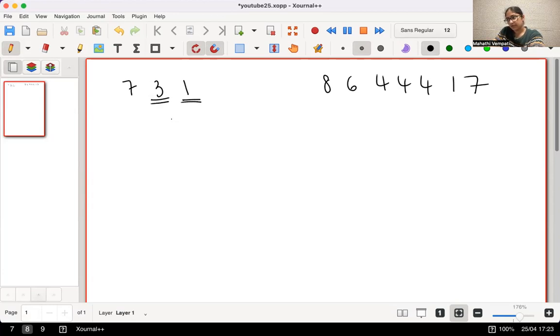You're going to be requesting ball 1 8 times, ball 2 6 times, ball 3 4 times, and so on, 4 4 times, then ball 6 1 time, ball 7 7 times.